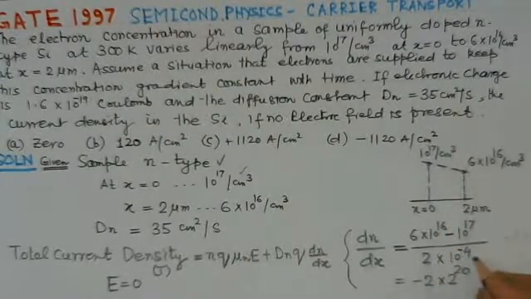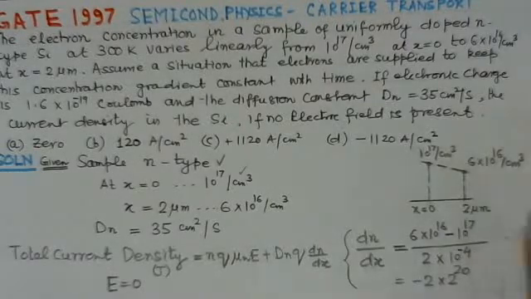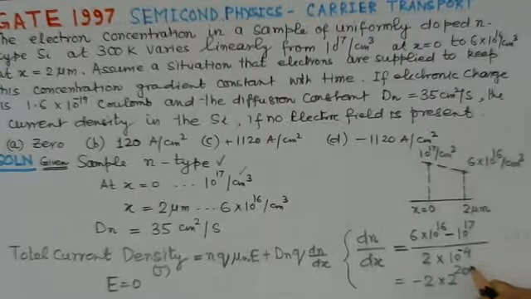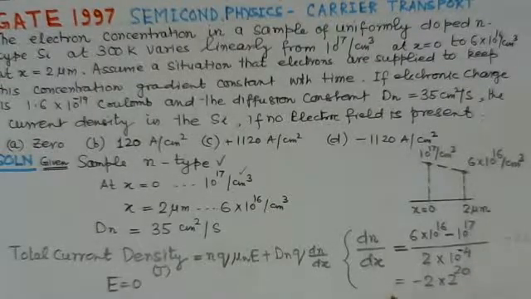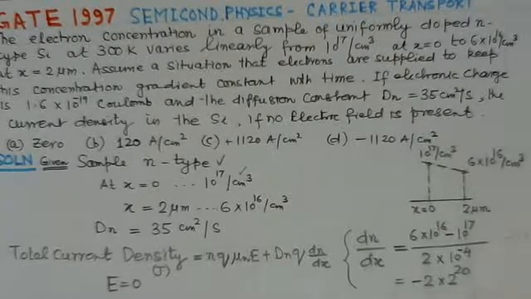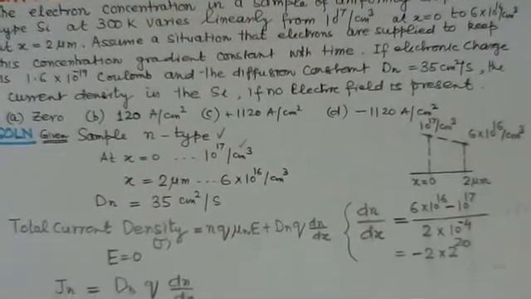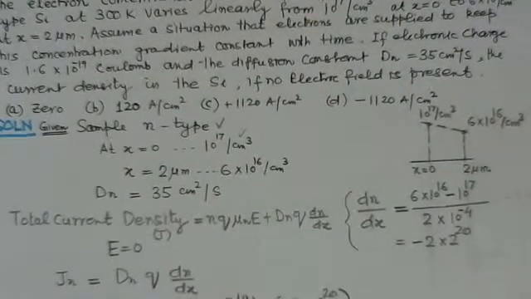The difference here is that instead of micrometer we have converted to centimeter, since all these parameters are given in centimeters. So dn over dx comes out to be minus 2 into 10 to the 20. The gradient is negative. This is a very important part here.